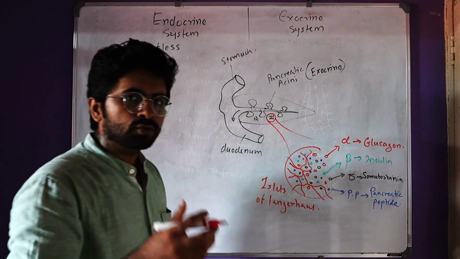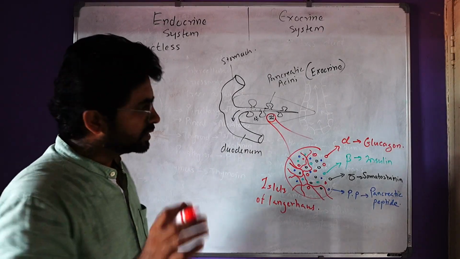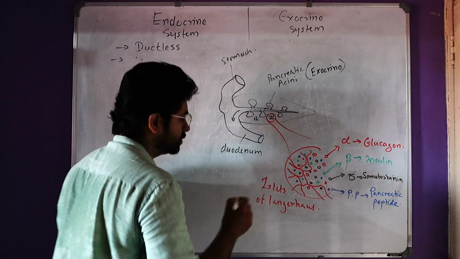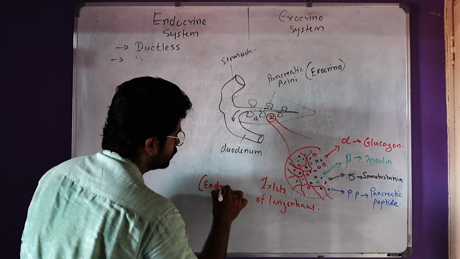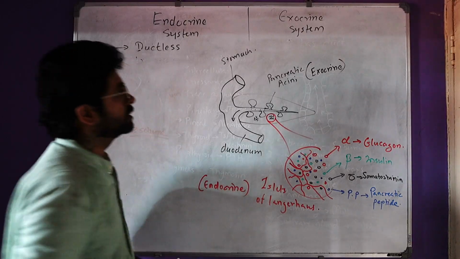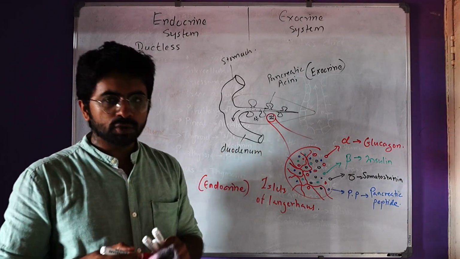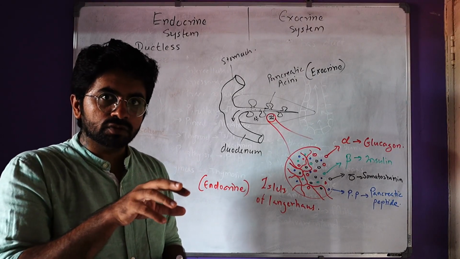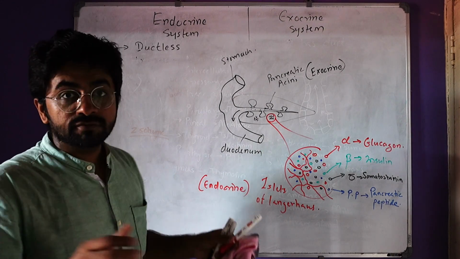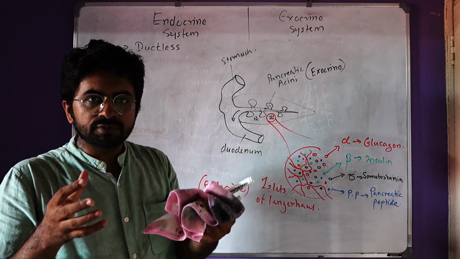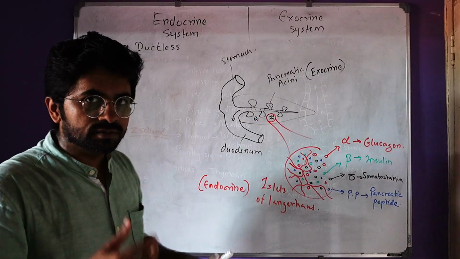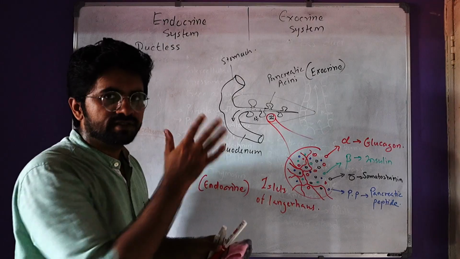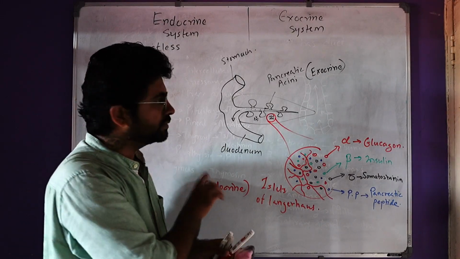So if everything is poured in the blood, it means there is no duct used. That's why this particular islets of Langerhans performs endocrine function. So pancreas is an example of a heterocrine gland where endocrine function is also getting performed, exocrine function is also getting performed. They are performing independently, but we can see them in a single organ here in pancreas.